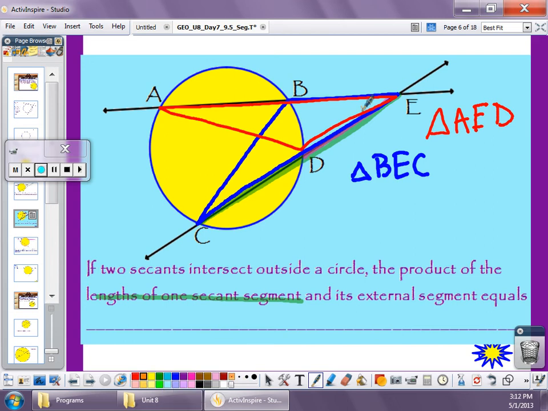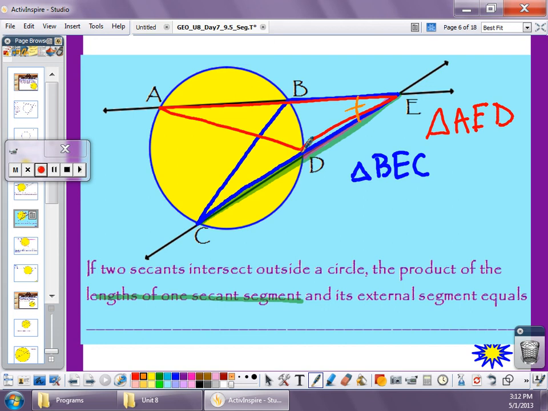Well, what are the kinds of things I know? I know that in both of these triangles, they both share this angle at E. So I know that it is congruent to itself, because of the reflexive property. I also know that angle BAD, and follow the pencil, BAD, is congruent to BCD. You remember why?